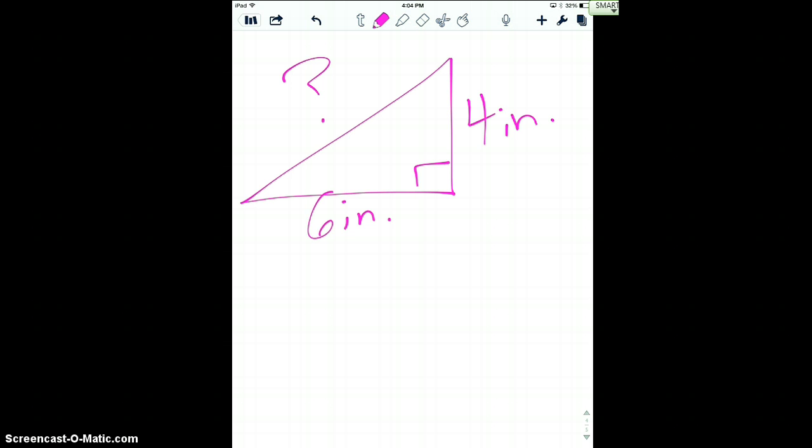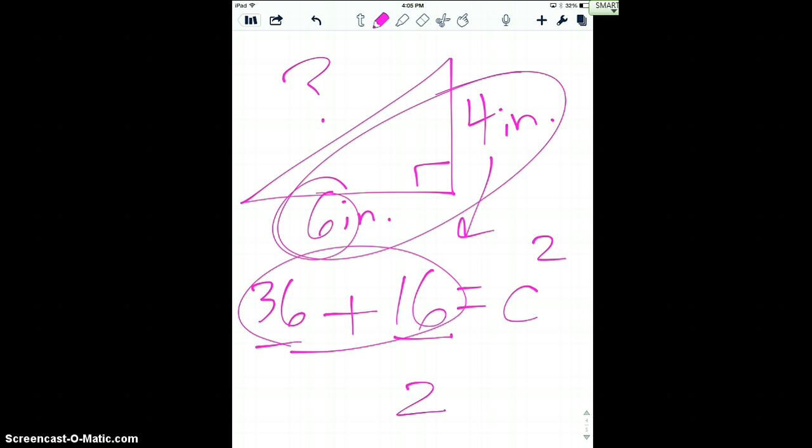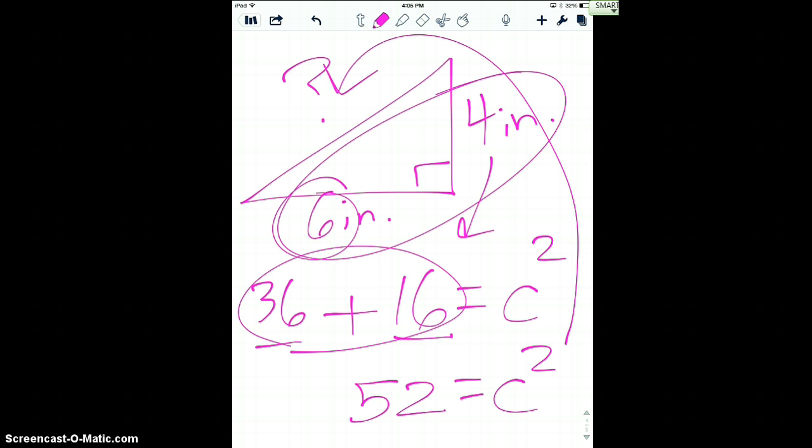You just did one like this. Well, wait and see what happens. So here are our legs. If we find the sum of the squares of the legs, the square of 6 would be 36. The square of 4 would be 16. That's supposed to be the square of the hypotenuse. So if we add these together, we're at 52 as the square of the hypotenuse.